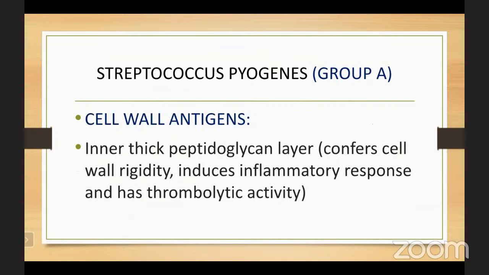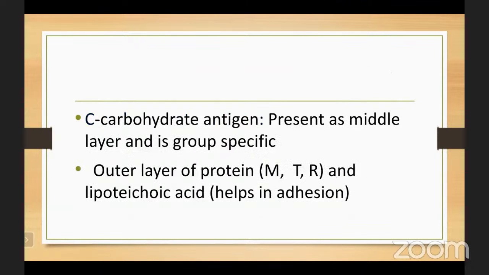Next one is the Streptococcus pyogenes group A. First one is the cell wall antigen. It has an inner thick peptidoglycan layer. It confers cell wall rigidity, it reduces the inflammatory response, and it has a thrombolytic activity, that means it lyses the platelets. Next, C carbohydrate antigen.